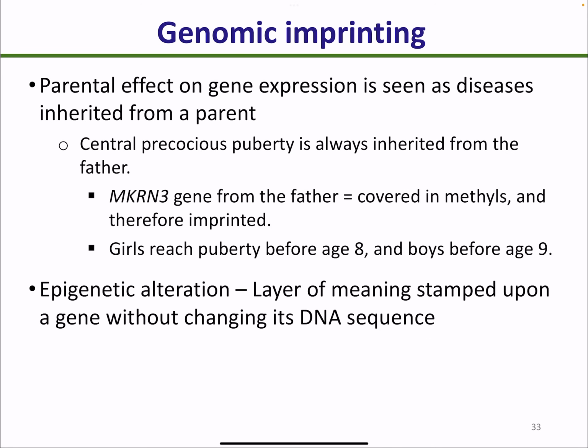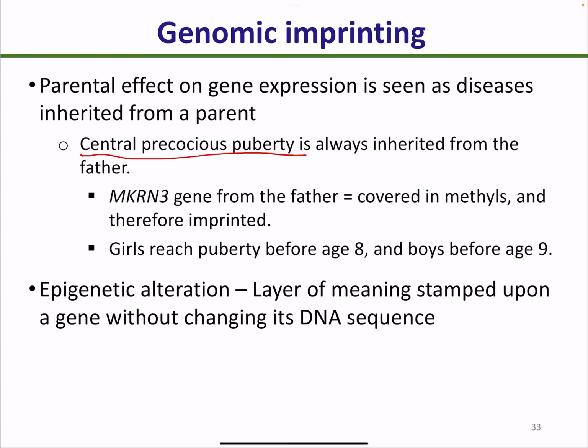Some examples of genomic imprinting are the central precocious puberty. This central precocious puberty is always inherited from the father.